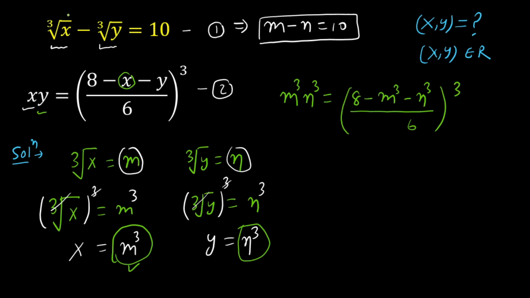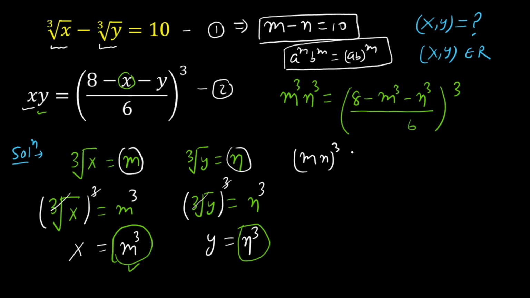In the left hand side we will apply the base and exponent rule, that is a power m times b power m equals (a into b) bracket power m. If we apply this rule, in the left hand side we get (m into n) bracket power 3, equals (8 minus m power 3 minus n power 3 divided by 6) bracket whole power 3.